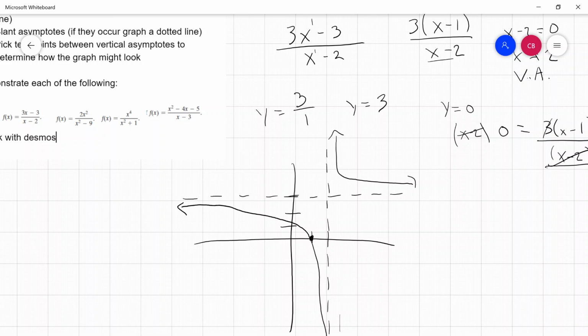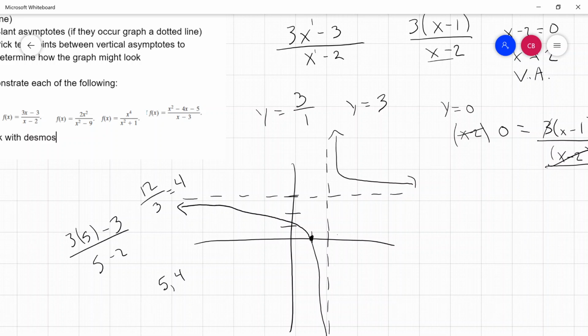Just to check, let's plug something in. Let's try 5. 3 times 5 minus 3 over 5 minus 2. This is going to be 15 minus 3, which is 12 over 3, which is equal to 4. So at 5, 4 there's a point.